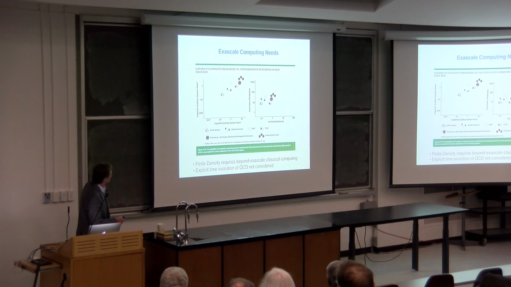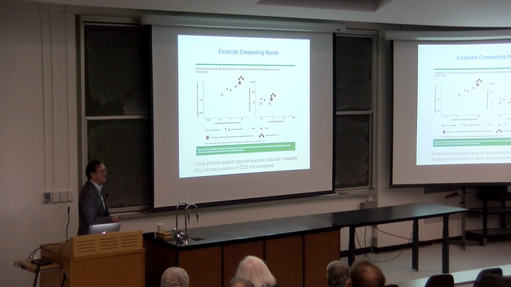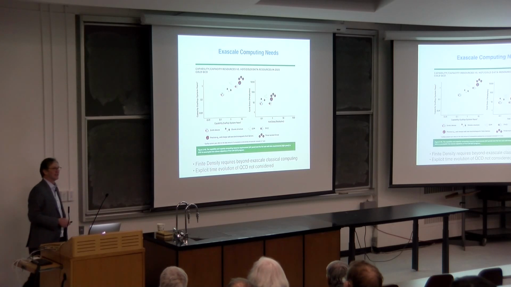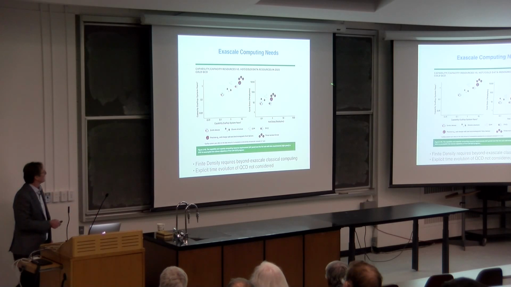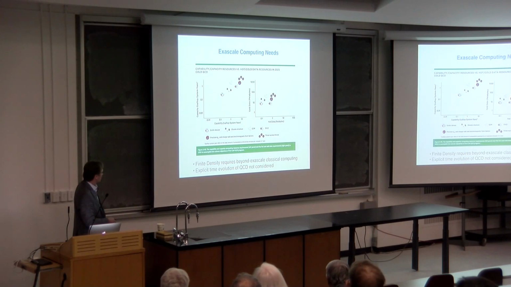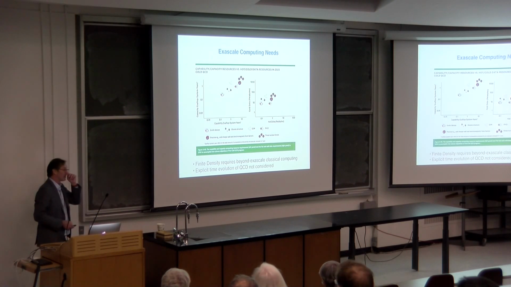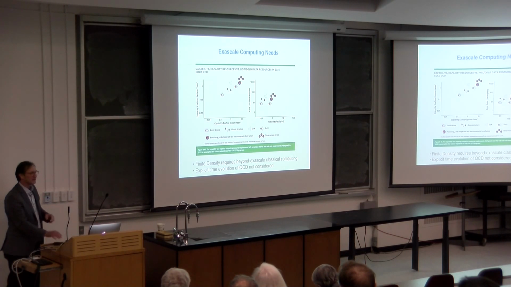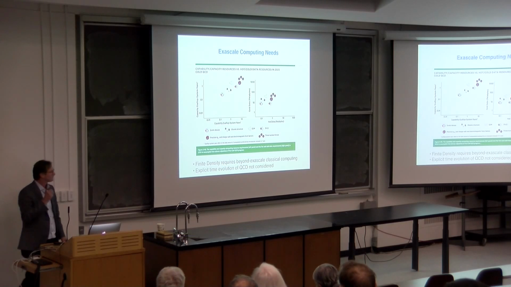And so also the hot data versus cold data. So hot data, for instance, is how much data do you need people to be able to access whenever they log on, and how much data is stored on tape that they can pull off if it takes a day or a week, and so forth. So it's the finite density systems and also the explicit time evolution, which are the attributes that put these problems beyond exascale.